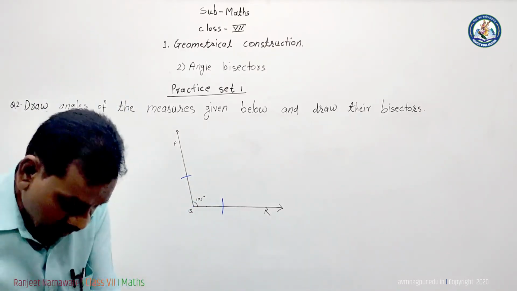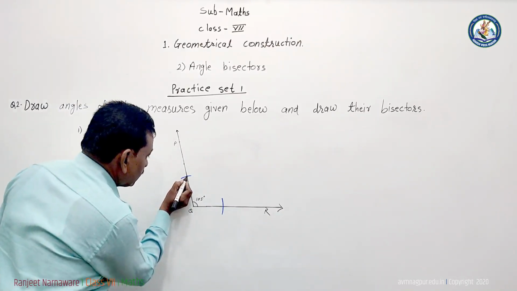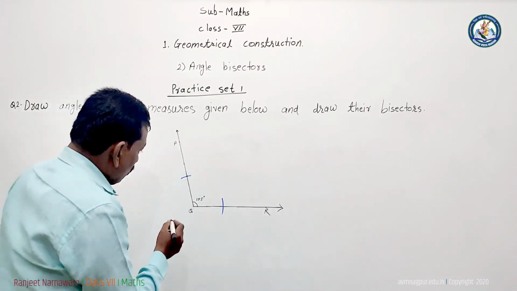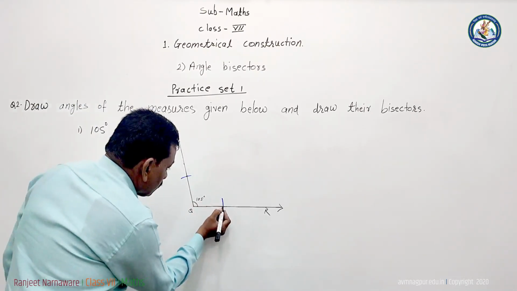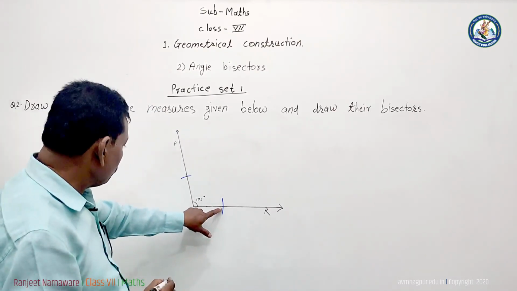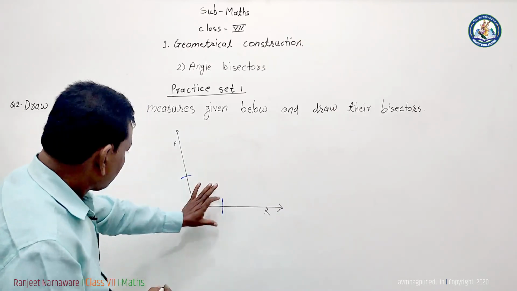We get here a point by intersecting the arm and arc of the angle, and here the second point we will get by intersecting the arm and the arc.